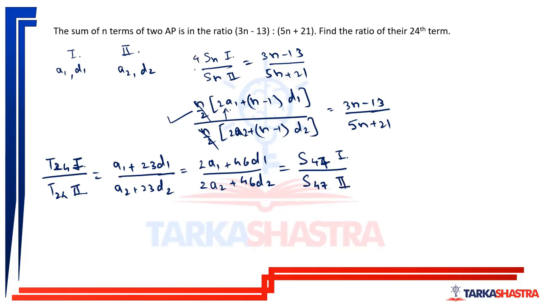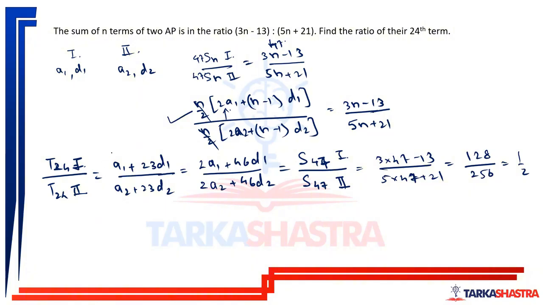Now, if the sum of first 47 terms is given, just substitute n equal to 47 here, and you will get the ratio. So this will be 3 into 47 minus 13 upon 5 into 47 plus 21. 3 into 47 is 141, minus 13 is 128. 5 into 47 is 235, plus 21 is 256. That is 1 by 2.